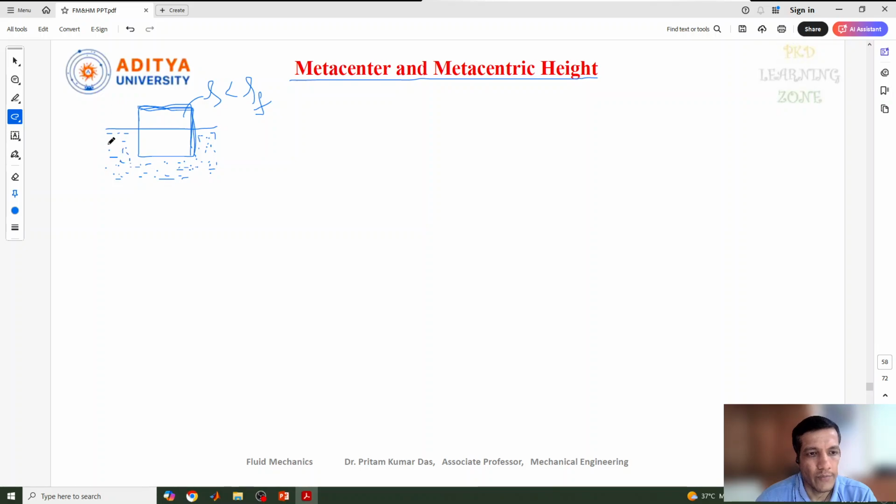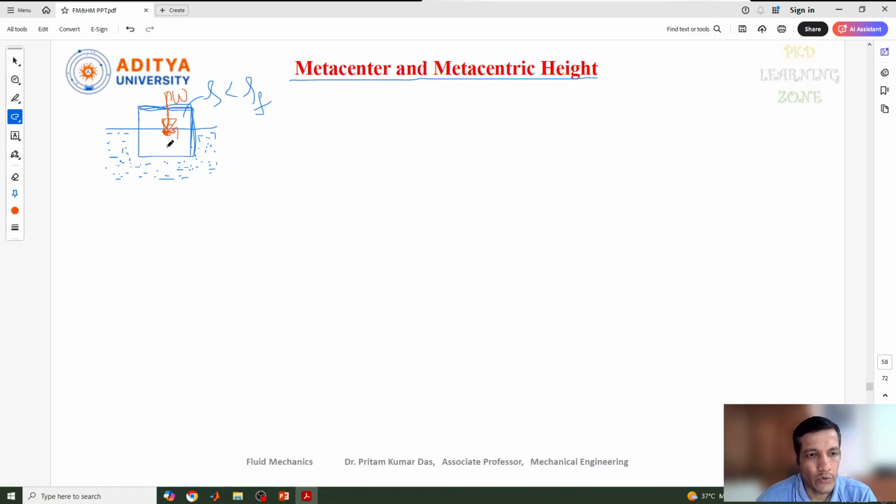Now, from the previous videos that we have discussed, the center of gravity of this body will be somewhere at the middle point of this object, and that is denoted by point G. Here also the weight of this body is going to exist, so we can give W at the center point, and which is always vertically downward.